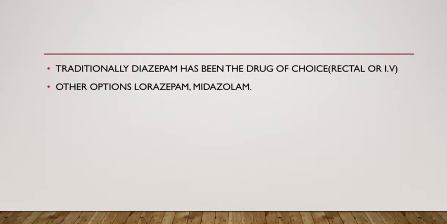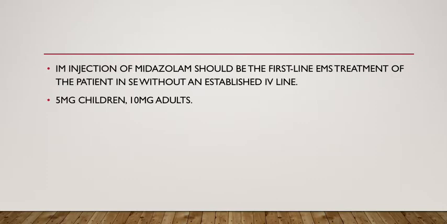Traditionally diazepam has been the drug of choice, but in the last few years we have seen some changes that point towards the use of lorazepam or midazolam. In the pre-hospital setting, the agent of choice is going to be midazolam, 5 milligrams in children and 10 milligrams in adults. Why this?